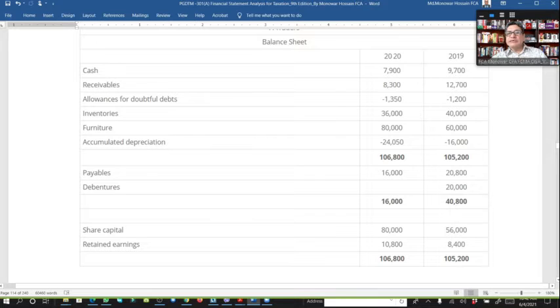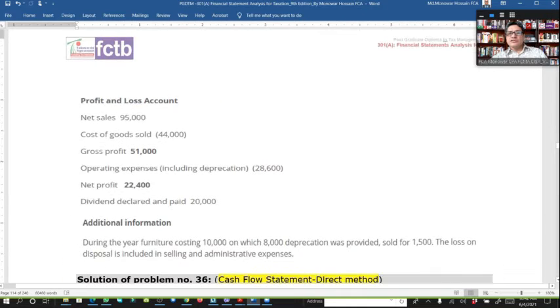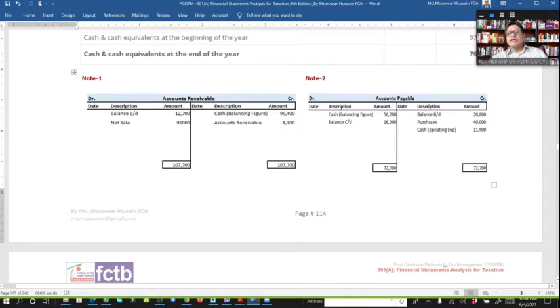In the year 19 the balance was 20,800, and in 20 the balance is 16,000. Receivable is a debit balance and payable is a credit balance. So the opening balance 20,800 is the closing of 19, and 16,000 is the closing balance.